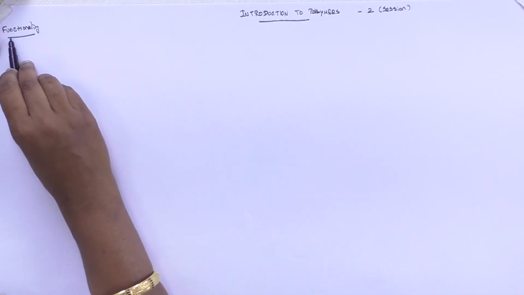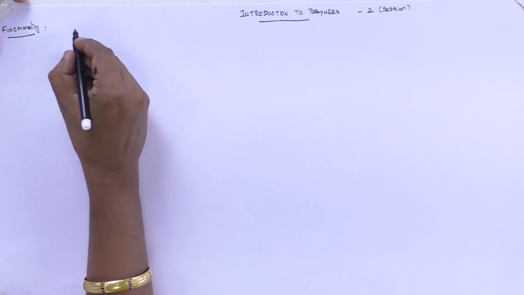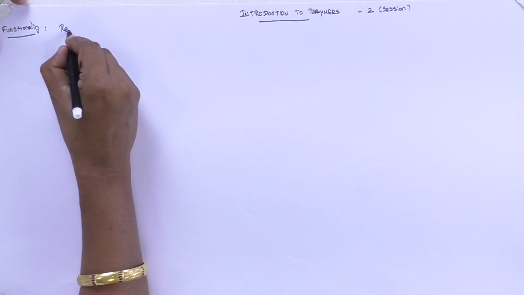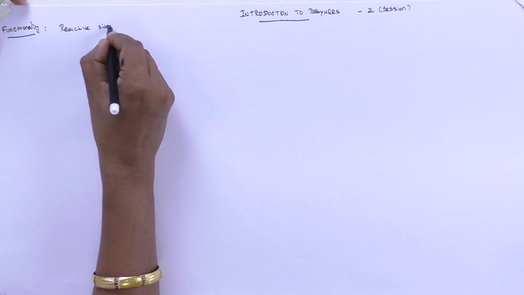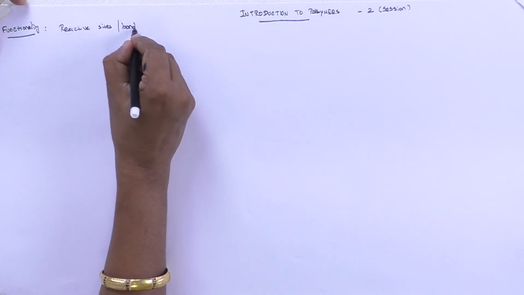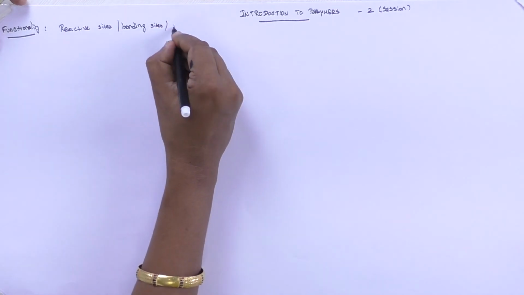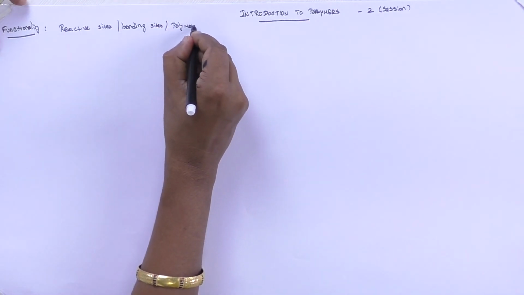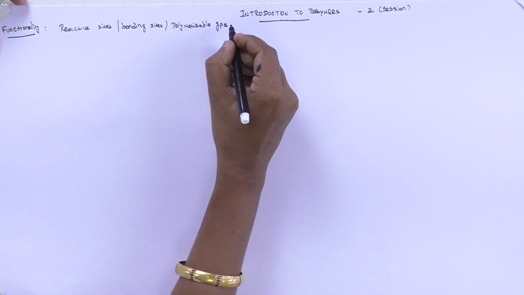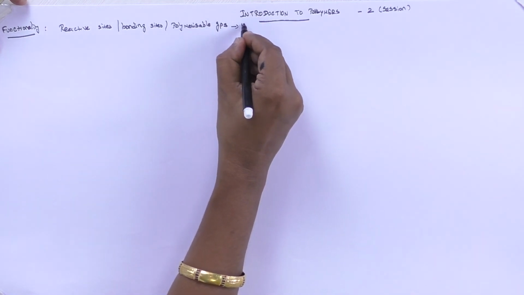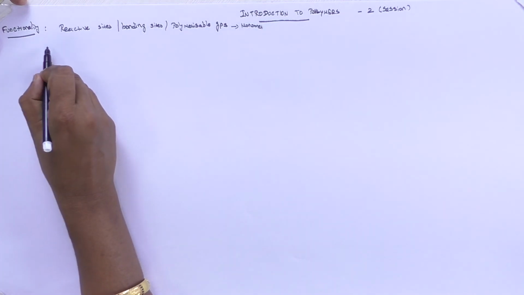Coming to the functionality of the polymers, the number of reactive sites or bonding sites or even polymerizable groups that are present in a monomer is called the functionality.